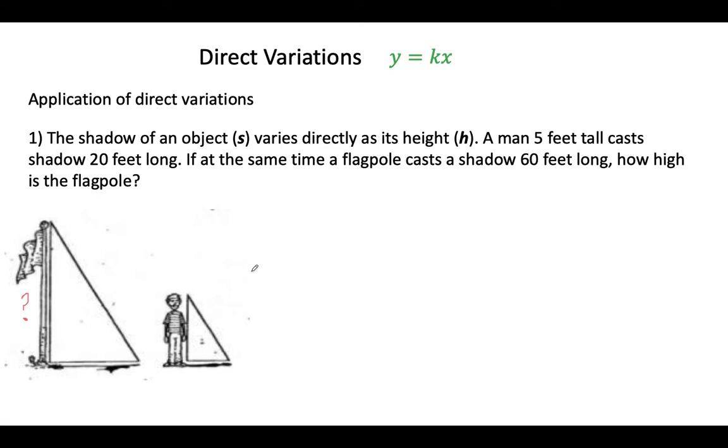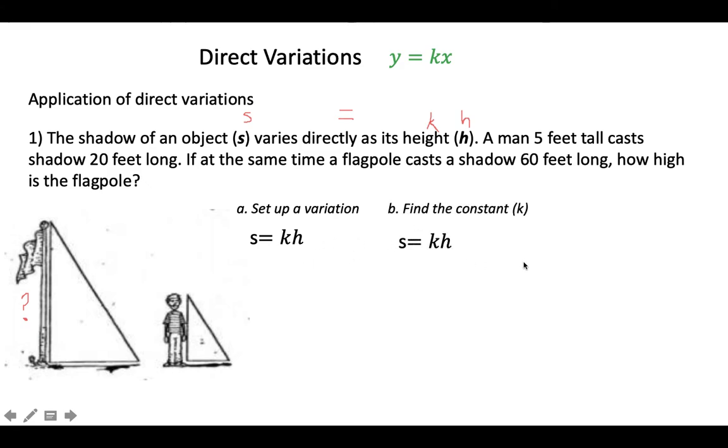We apply the skills that we've learned a while ago. It's the same process. First, we set up a variation from our first sentence: the shadow of the object s varies directly as h, with a given constant k. So our variation is s = kh. Next, we find the constant using the same variation.